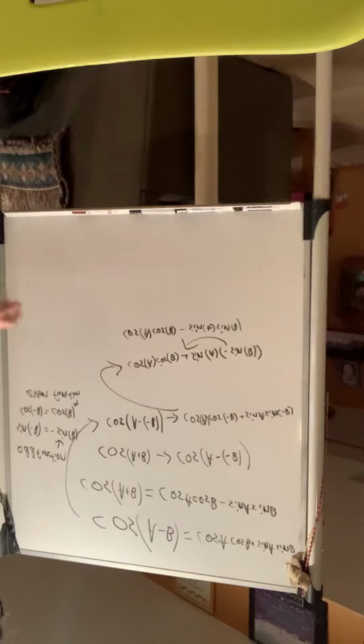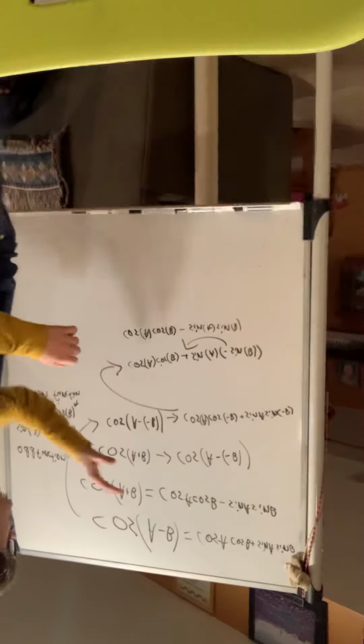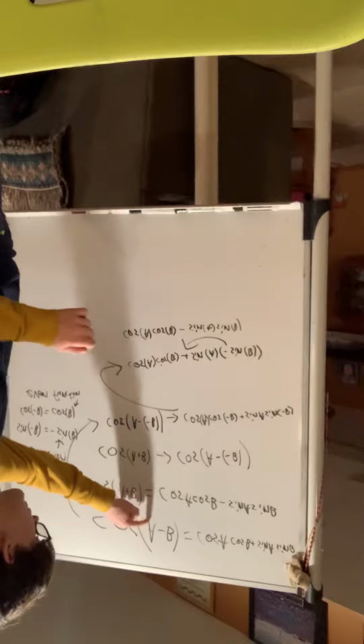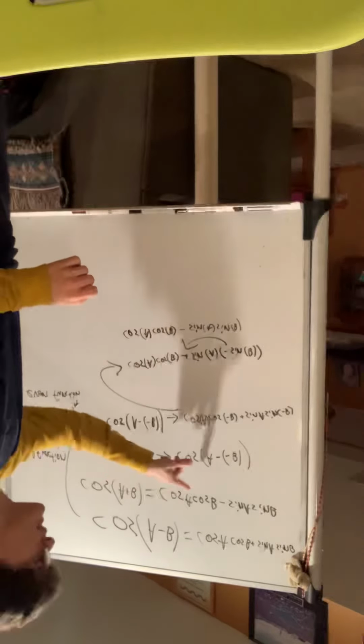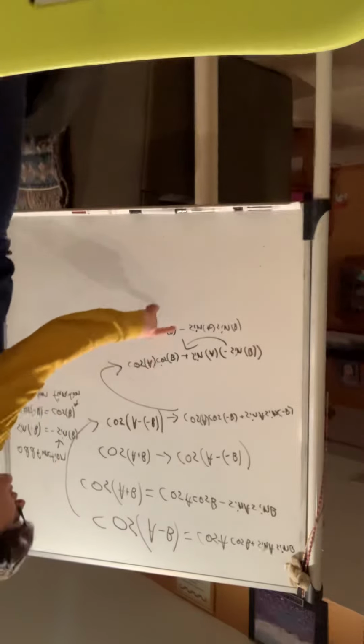I'll go over this one more time to show you exactly how to do it. We already have this proved, and this is what we're trying to prove today, which we just did using the other equation.